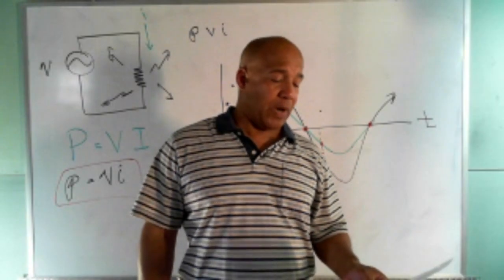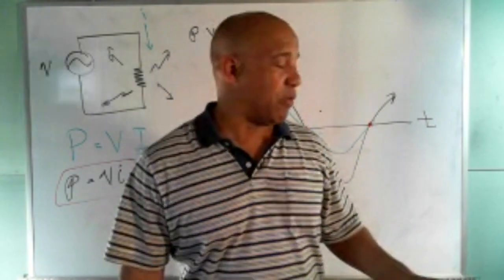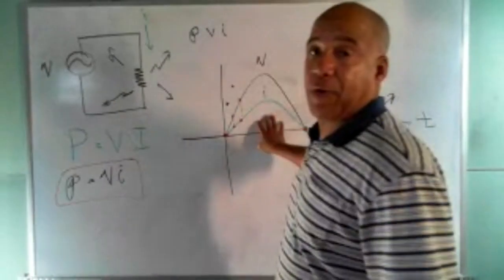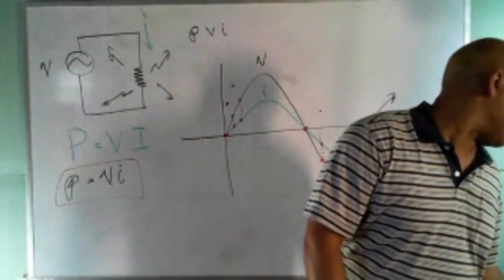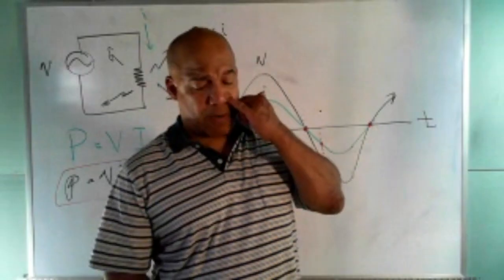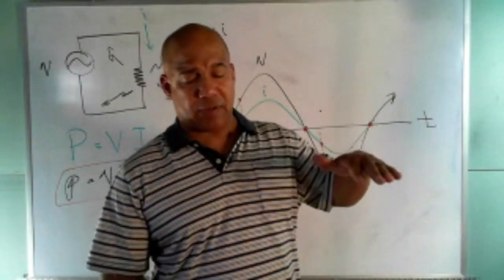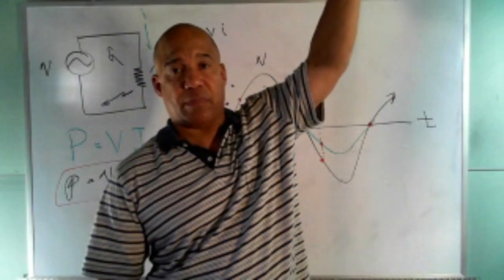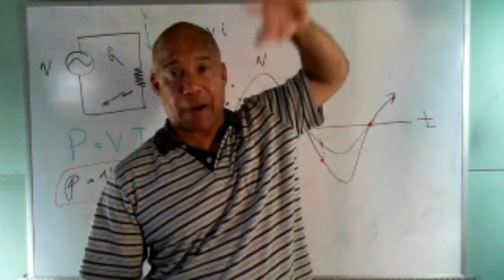Now, what if we change from a resistor to a capacitor? How does that affect our power curve? But let me go back over that power curve. Look at the power curve real close. I already pointed out that the whole power curve is above the t-axis, so it's all positive power.